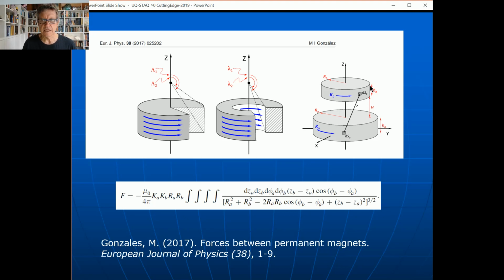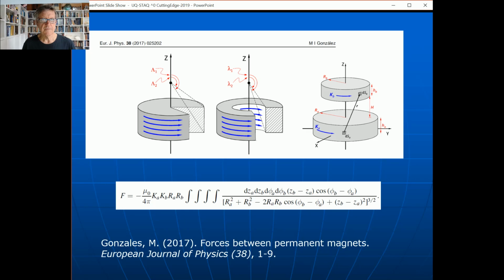Then they've got the thickness of each magnet, H here, the distance apart, the distance between centers, and it goes on, radius of each magnet.